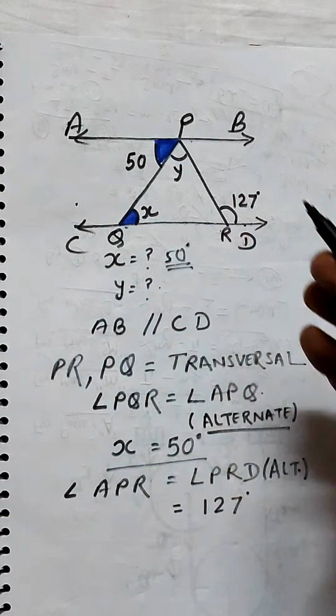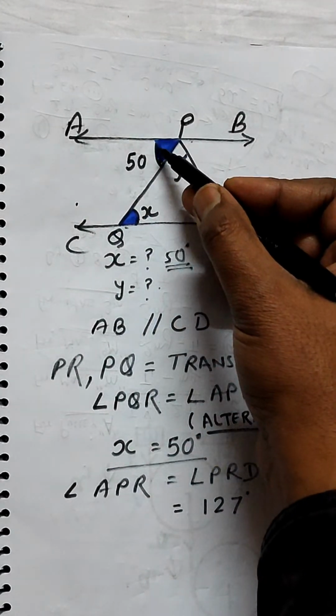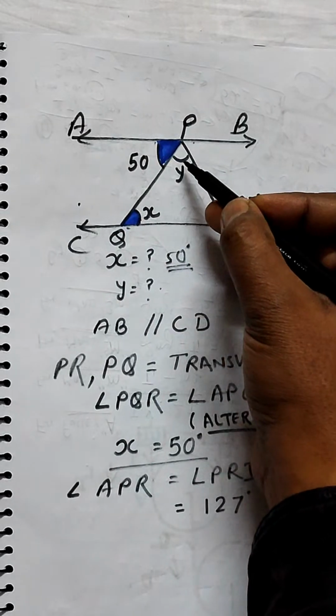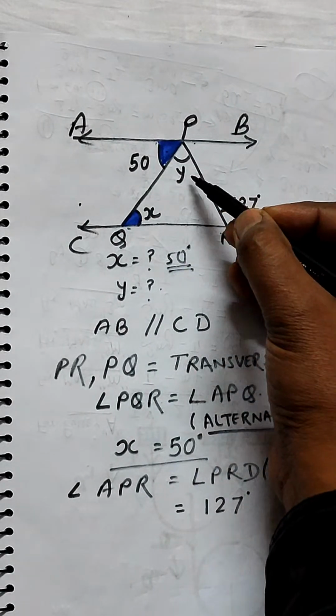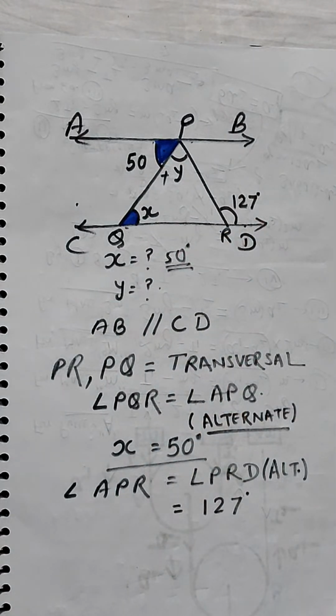And what is the value of angle APR? This angle, I mean to say 50 plus y. So 50 will be added with y, right?